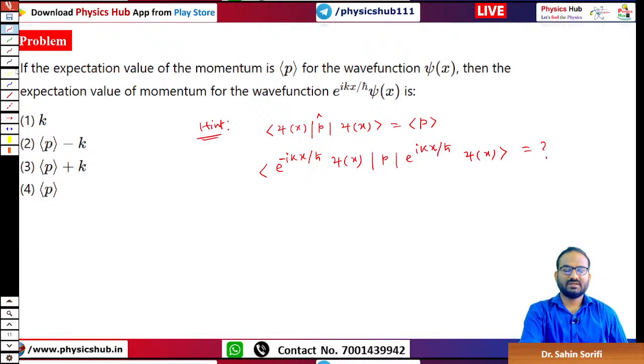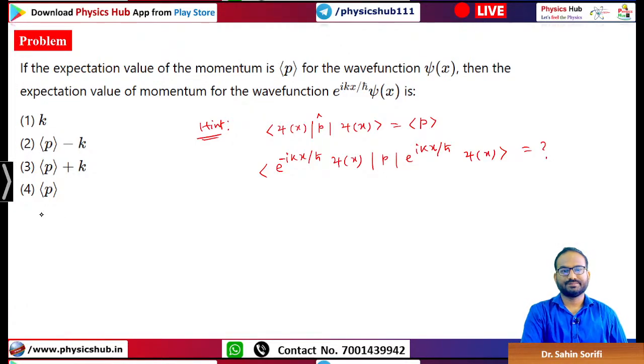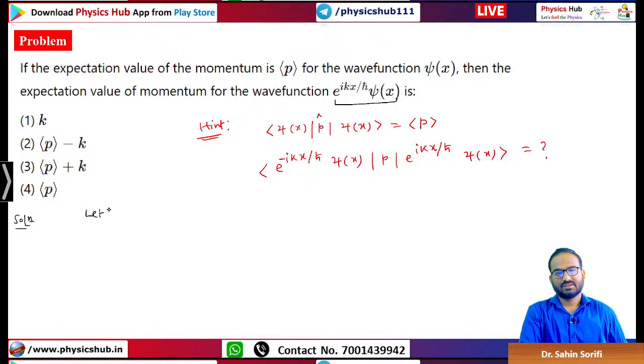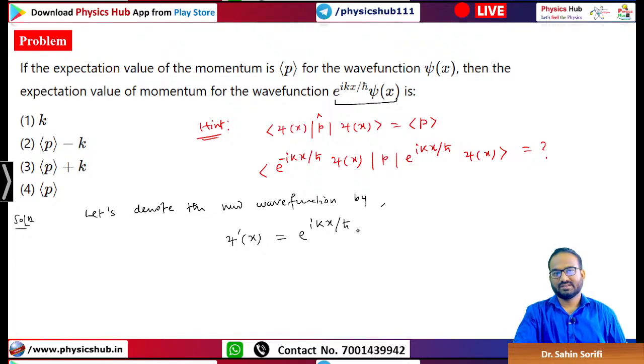So it is straightforward. The calculation may appear a little bit difficult, but the process is simple. So let's denote the new wave function by psi prime of x, which is e to the power i k x by h cut psi of x.